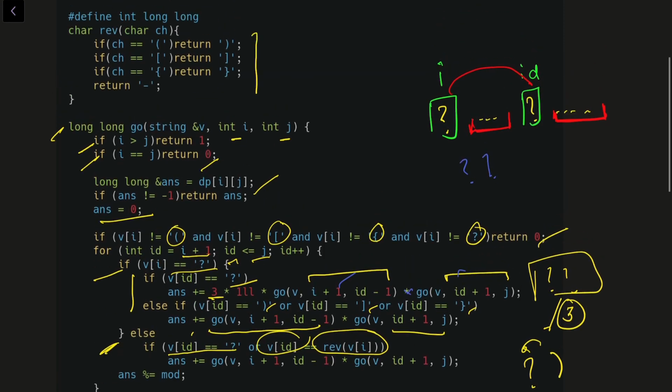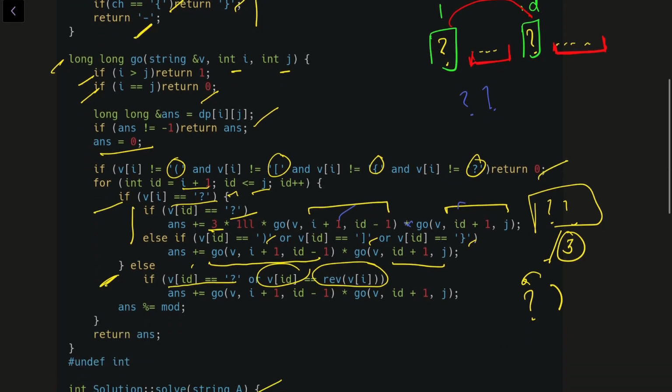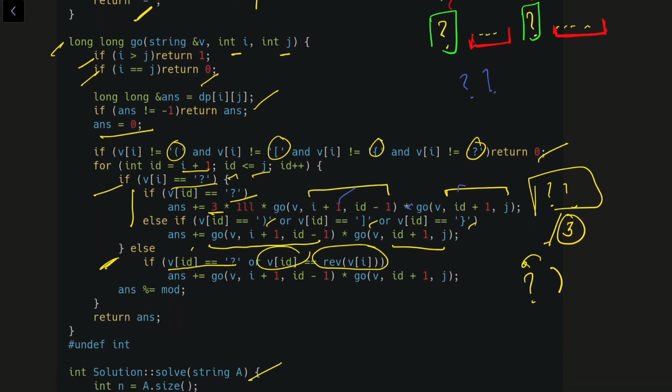So here's the reverse function that actually returns us the reverse of the current bracket. Okay, for this the reverse is this, for this the reverse is this, for this the reverse is this. Otherwise it will return an invalid sign. So that means if this is the case, then I am recurring from i plus 1 to id minus 1 and id plus 1 to j, and I am adding that up to the answer. After that I am returning my answer. So that's how we can solve this problem.